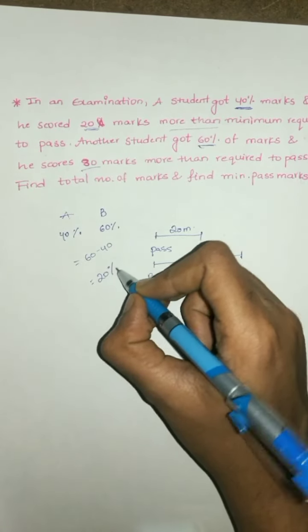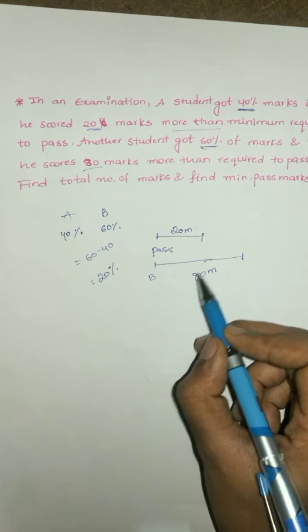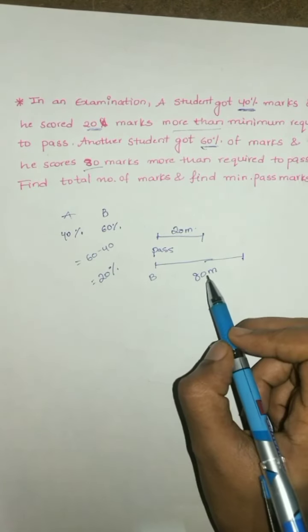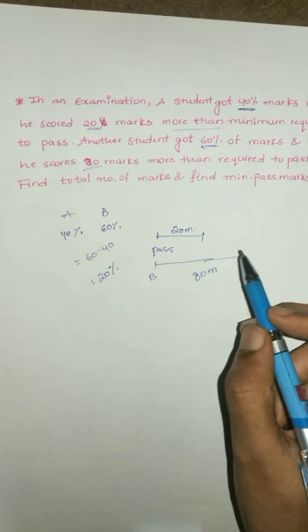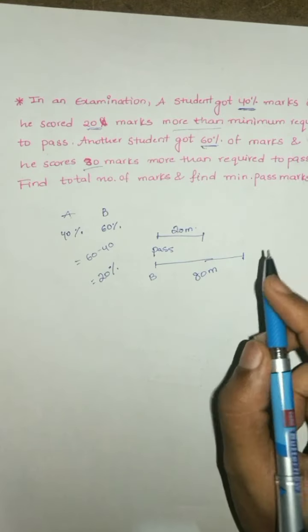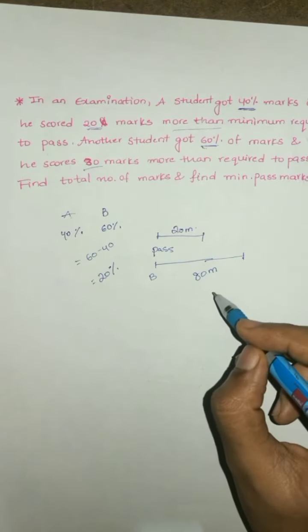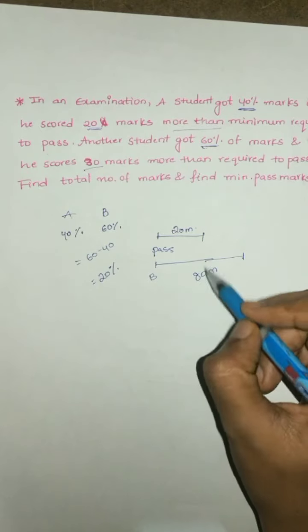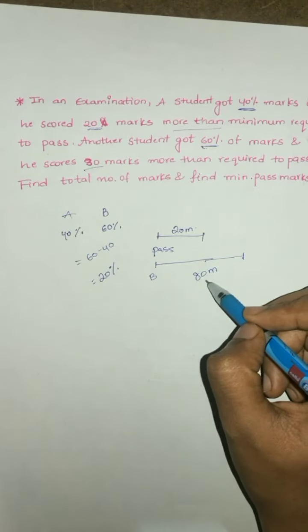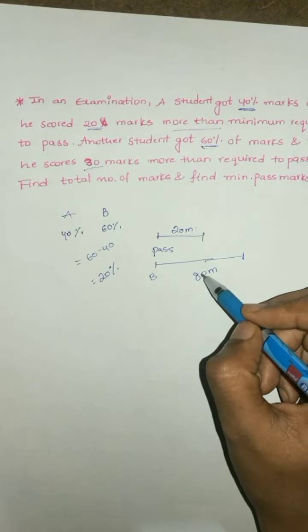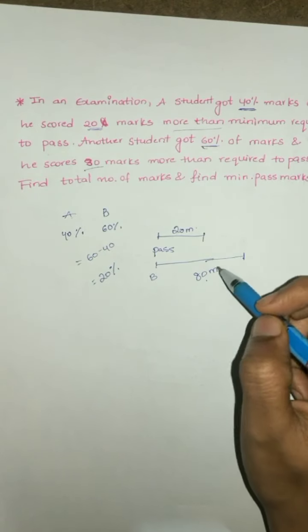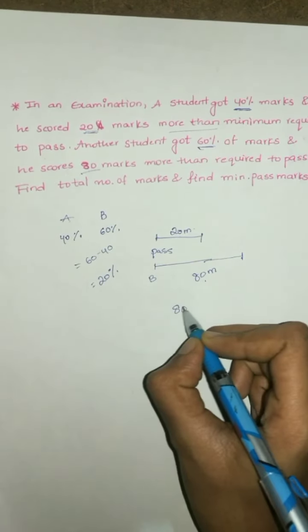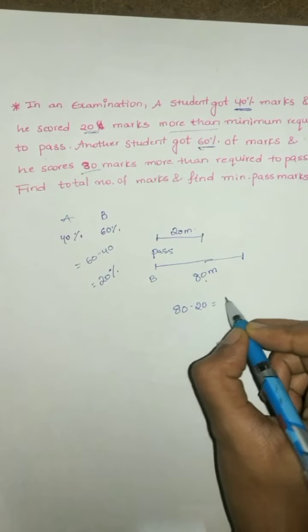But when it comes to marks, here both have passed. In the earlier problem one failed and one passed, so we added them, but here both passed. The difference between their marks is 80 minus 20, that is 60 marks.